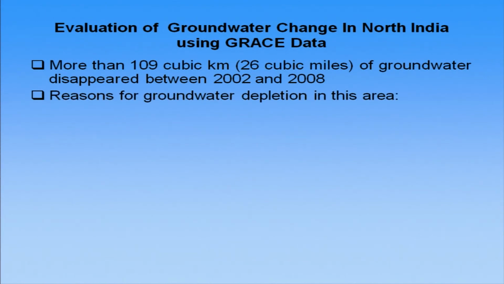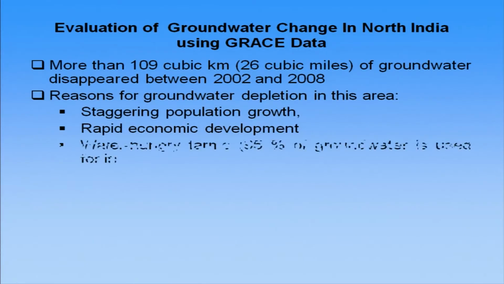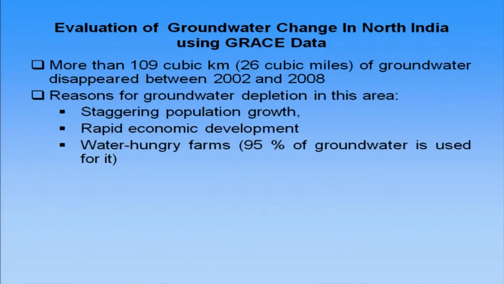The reason for groundwater depletion in this area is mainly staggering population growth, rapid economic development, and water-hungry farmers. 95% of the groundwater is used for irrigation, and of course if we are developing, then we need more and more water as a resource to develop more cities and more area.